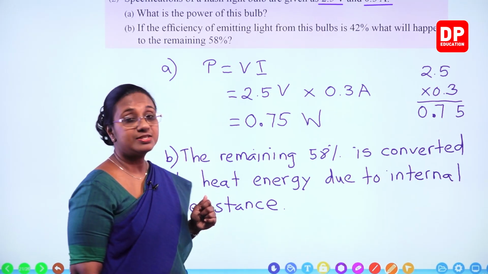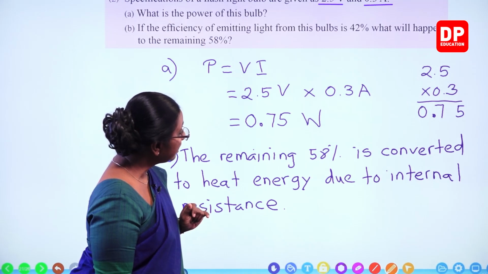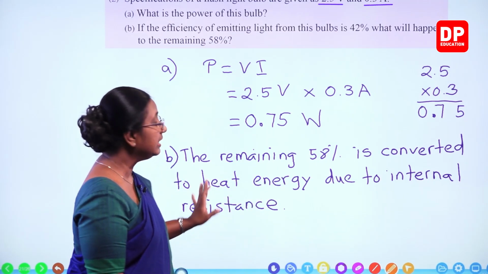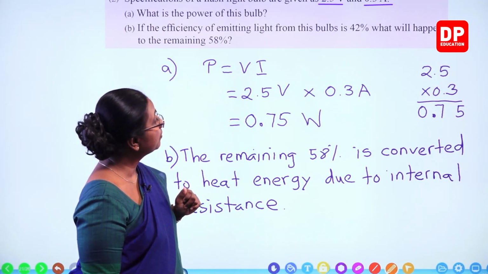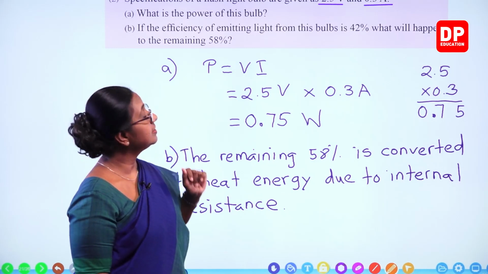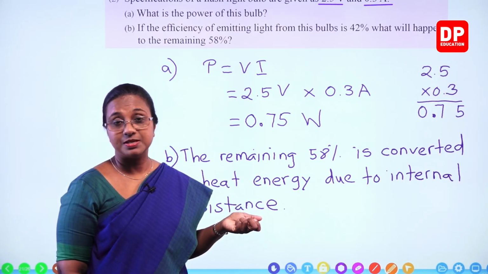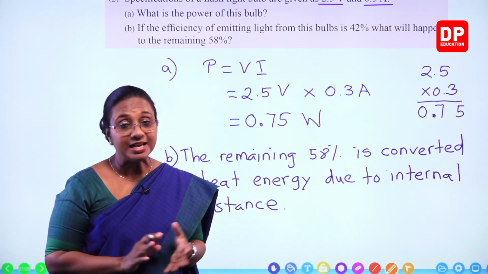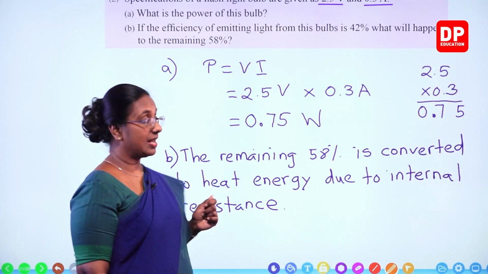You get the answer as 0.75 watts. And B, the remaining 58% is converted to heat energy due to internal resistance. That is because they have said only 42% is used as emitting light. But what happens to the rest of the 58%? So that is converted to heat. Is that clear, students? So with that, I'll move on to the next slide.